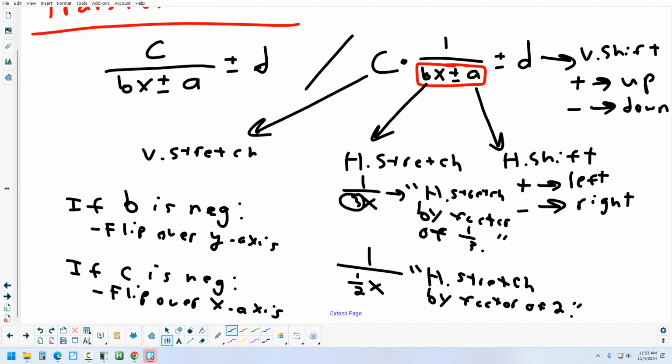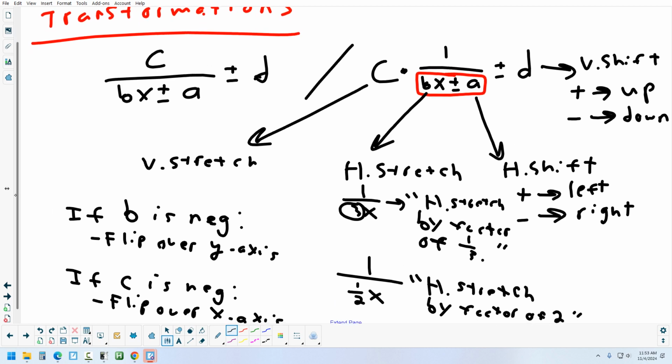Okay, so that basically covers everything you need to know about transformations, as long as you can identify the A, B, C, and D. And they are done in that order. Okay, so now let's try one and see if we can do it.